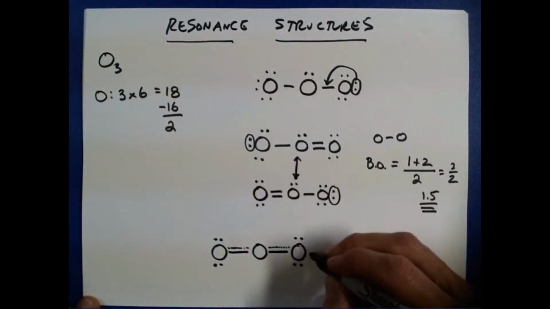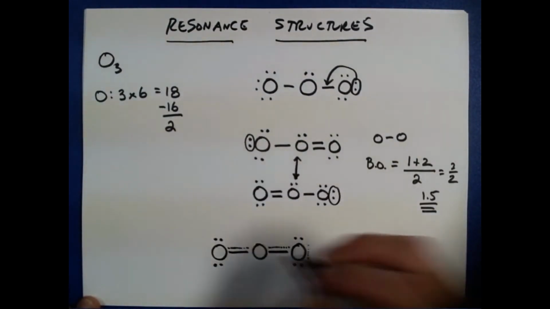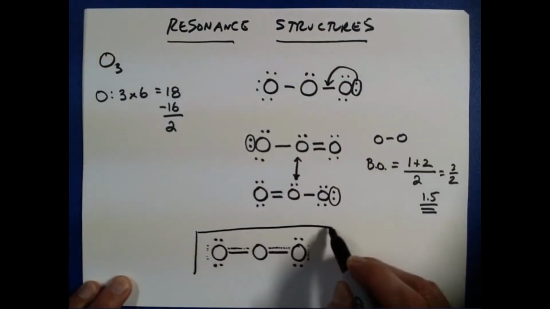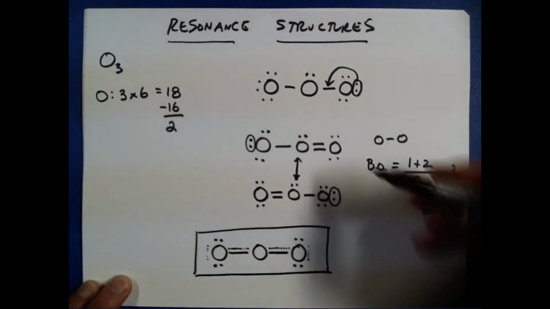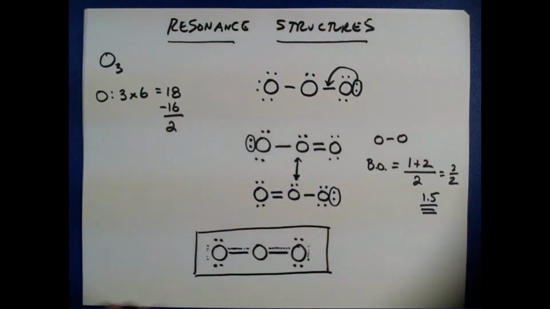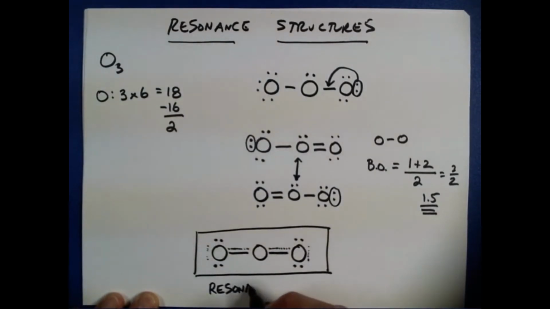And we can kind of indicate this idea by just drawing that dashed line like this on both oxygen atoms. So this is kind of a way that I think about both resonance structures. So this would be both resonance structures. I sort of think of them in my head at the same time. And we would call the one that's in the rectangle a resonance hybrid.